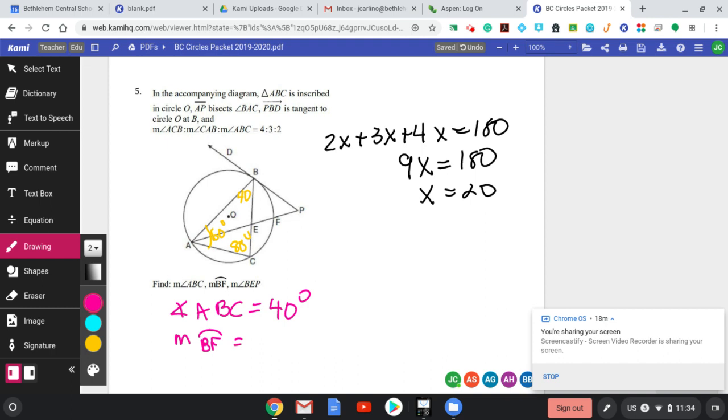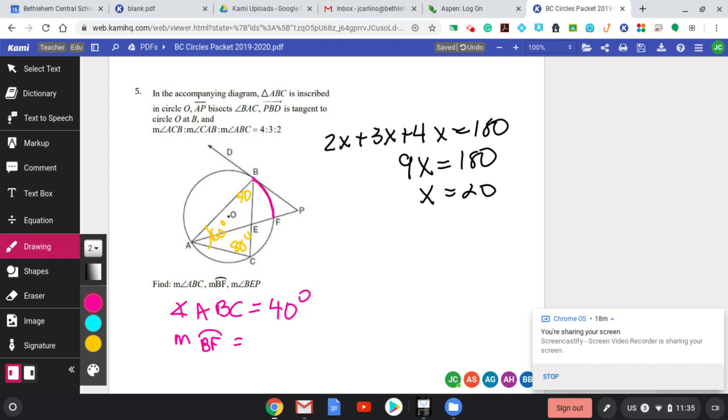Next up, the measure of arc BF. Okay, let's see. BF, this one right here. All right, let's take a look. How can we find arc BF? Well, let's go back to the fact that these were inscribed angles.